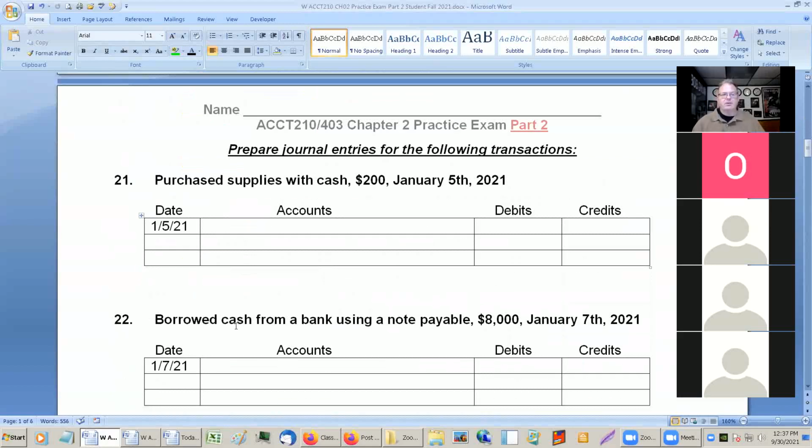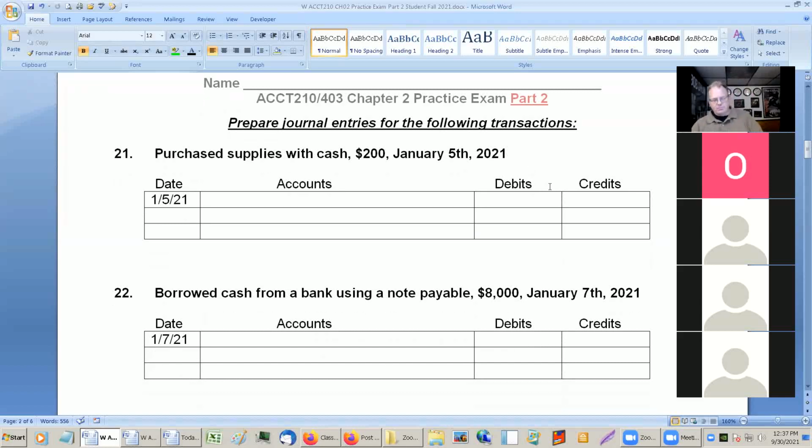Okay, now you'll notice something here. These are stripped down. We're not going to fill in tons of stuff on these. We'll pull up the accounts we need. I'll put notes on here for mine on which accounts we need, and then we will figure out where they're going to go.